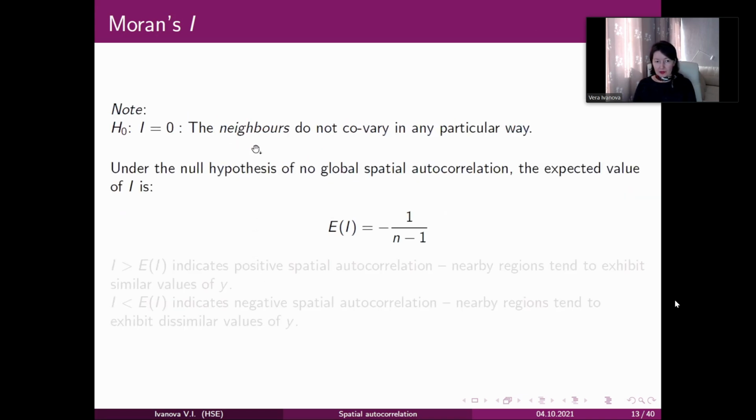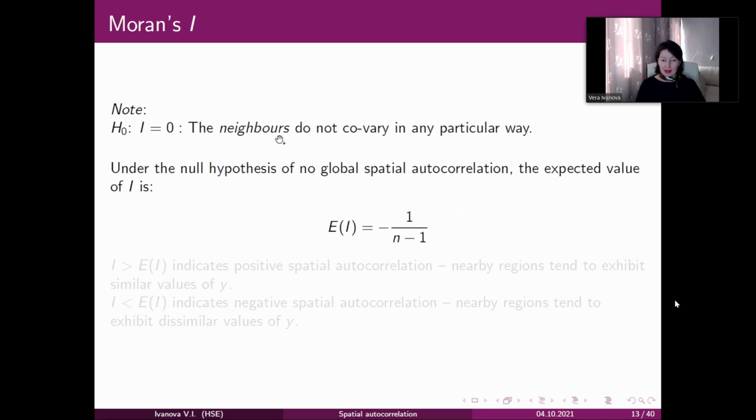In order to test whether the spatial index is statistically significant, we introduce the null hypothesis, that is, there is zero spatial autocorrelation. This means that the neighbors do not co-vary in any particular way.